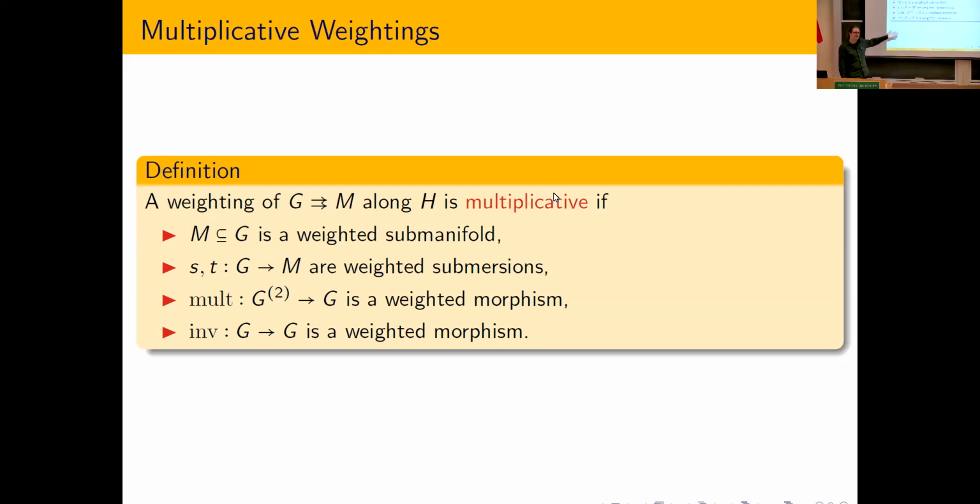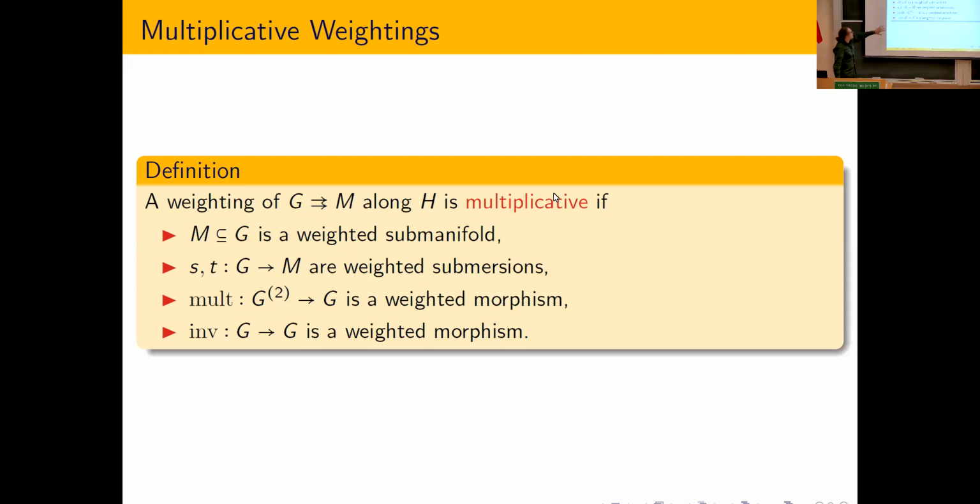Now I have a definition for which I have defined all the words. The only small thing I have to mention is, how is this weighted? Well, this is the inverse image of the diagonal in the pair groupoid under the groupoid anchor, which I'm assuming is a weighted submersion by this part. So this thing naturally is a weighted submanifold, and so it makes sense to ask for this.